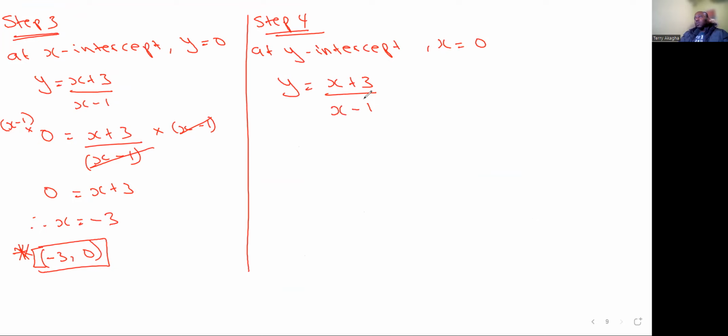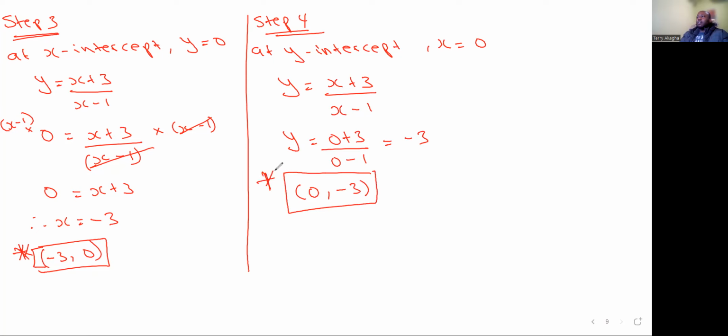So y equals x plus 3 over x minus 1, but x is equal to 0 in this case. So we're going to have y equal to 0 plus 3 divided by 0 minus 1, which will give you minus 3. So y is minus 3. So that means when x is 0, y is minus 3. And we found the y-intercept. Are you seeing how easy it is?